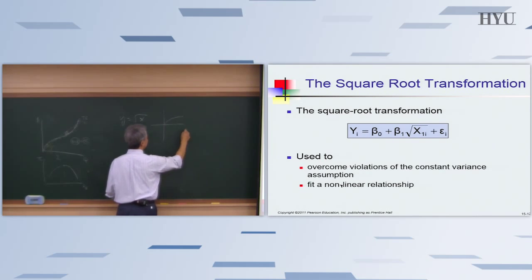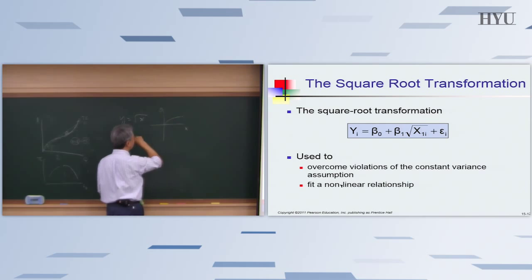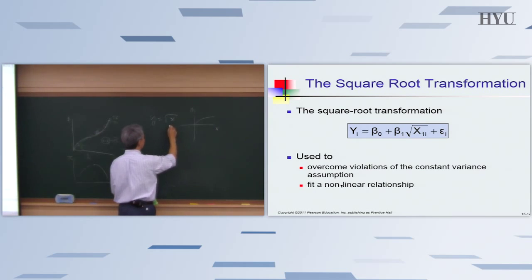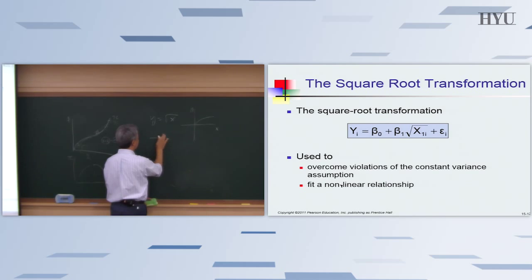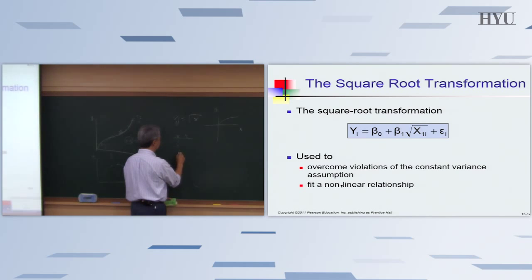If you have x and y, and x goes 1, 2, 3, 4, 5, 6, right? And y goes for what? The square root of 2 is 1.414. What's the square root of 3?